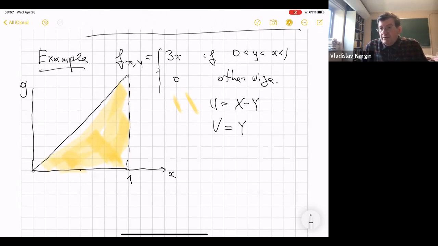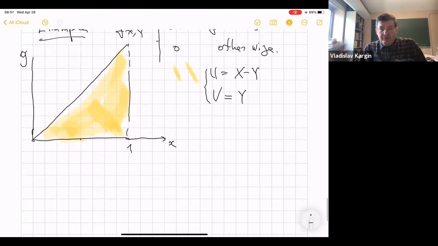We could use x, but let's use y. The first thing to do is to find the inverse transformation. We already know that y is equal to v, from the second equation.